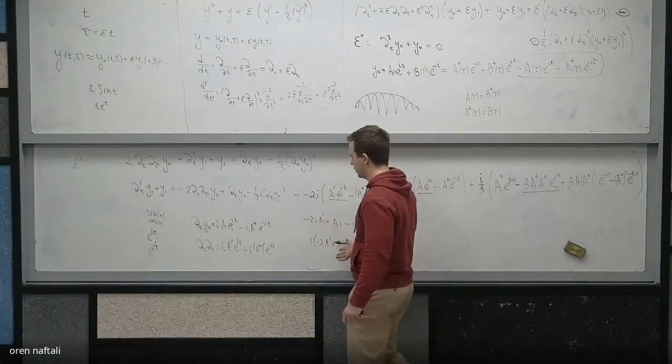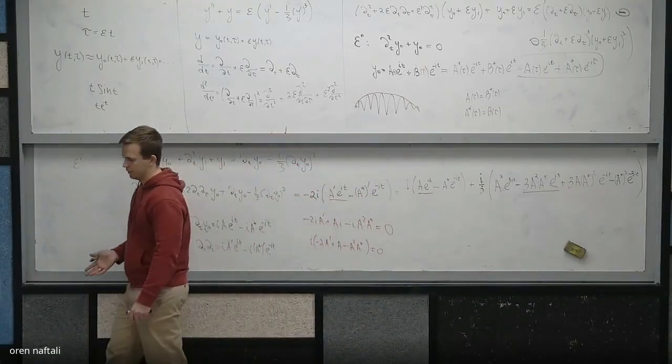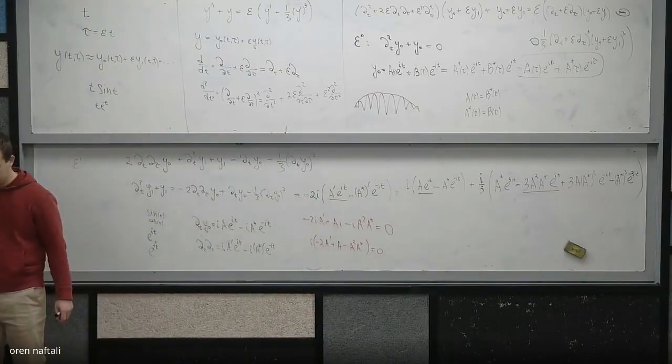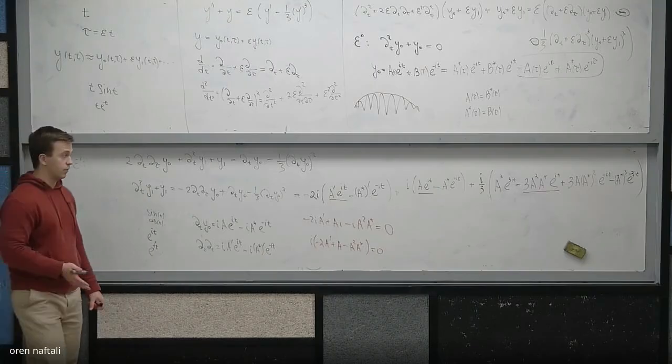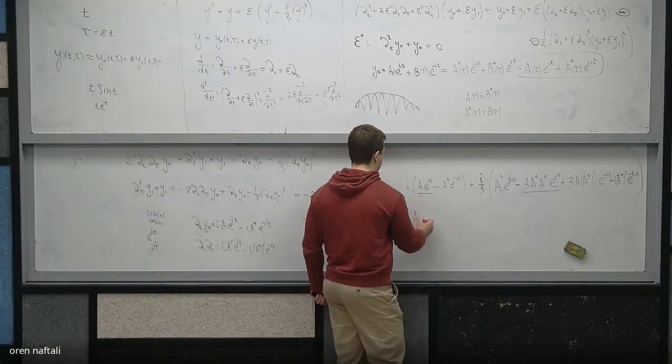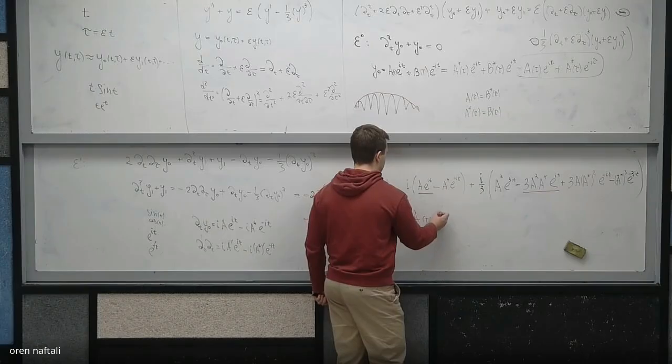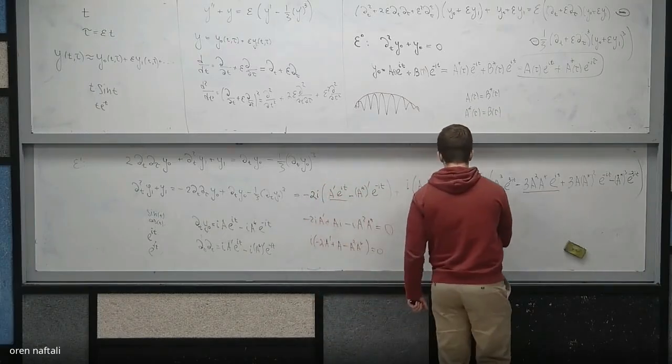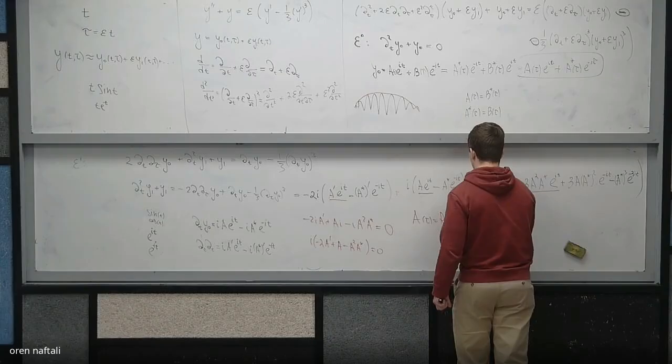So I need to solve this, and usually I can write a in the form of amplitude times e to the i delta of tau.